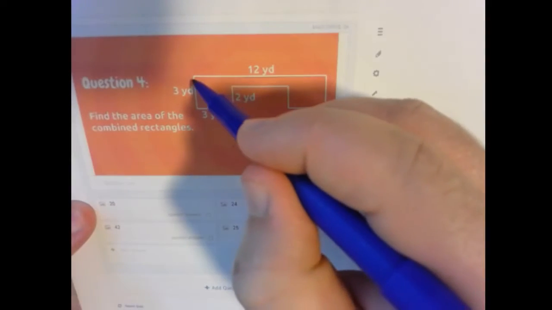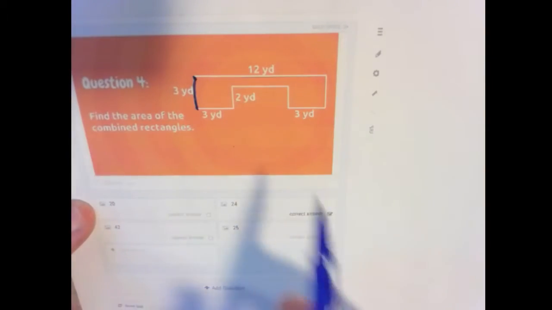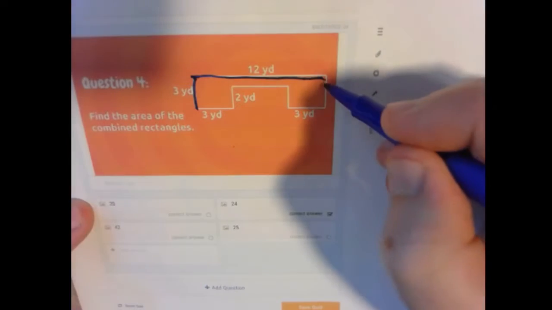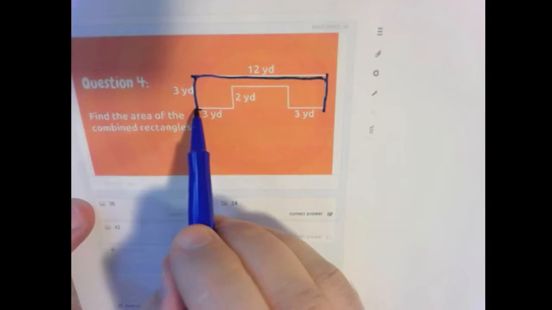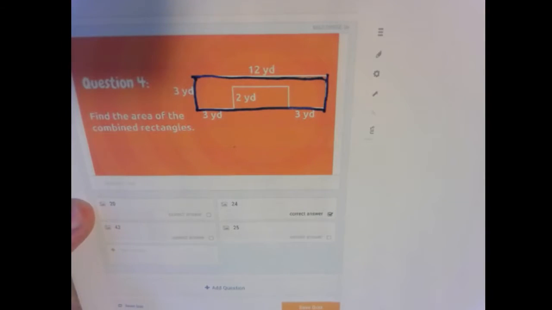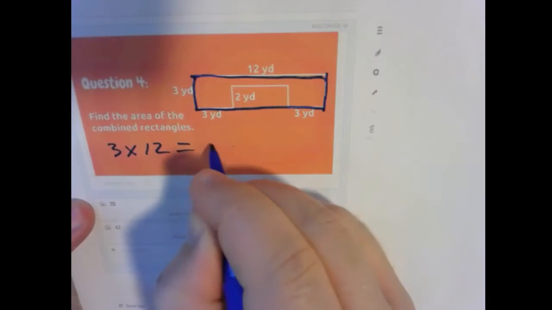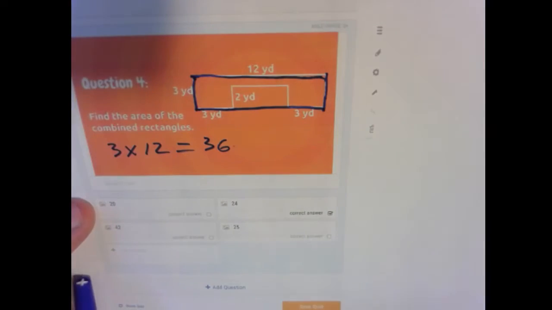All right, last one. Okay, so if we have an overall height of 3 and a width of 12, so we do 3 times 12. That would give us 36. Then we take away this chunk.